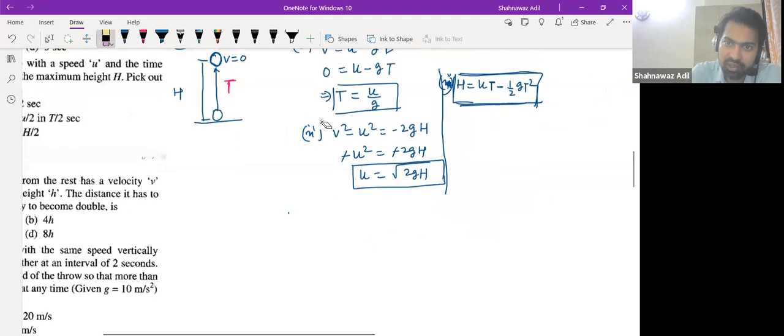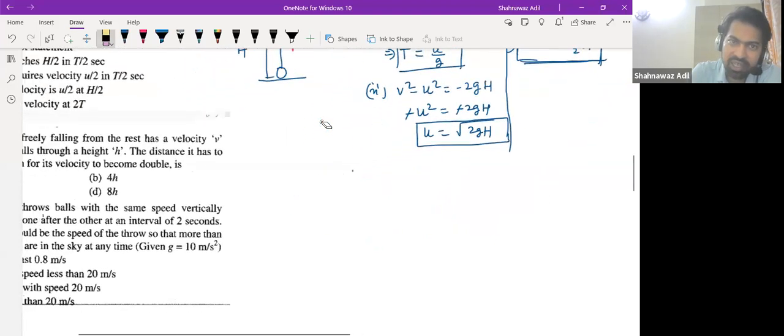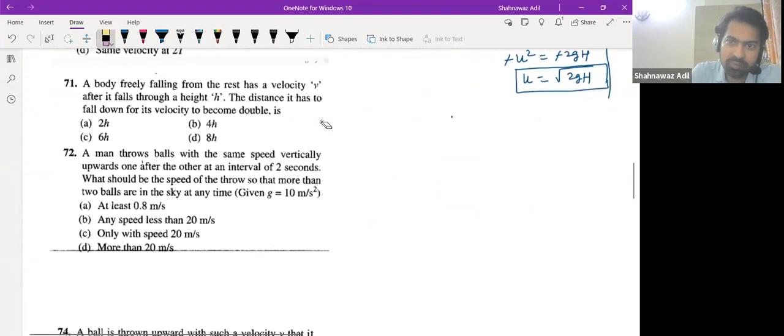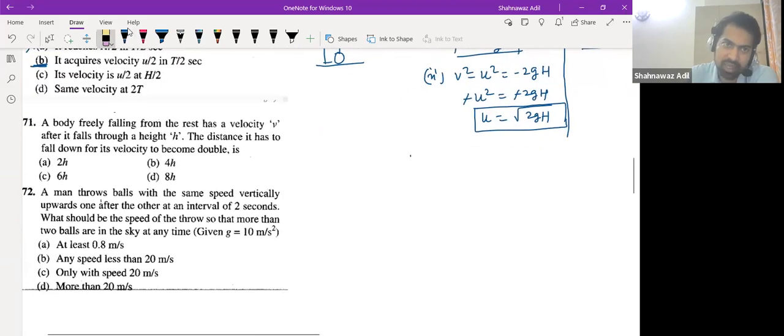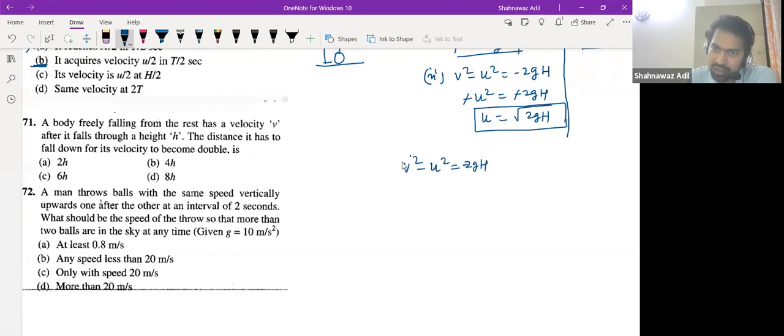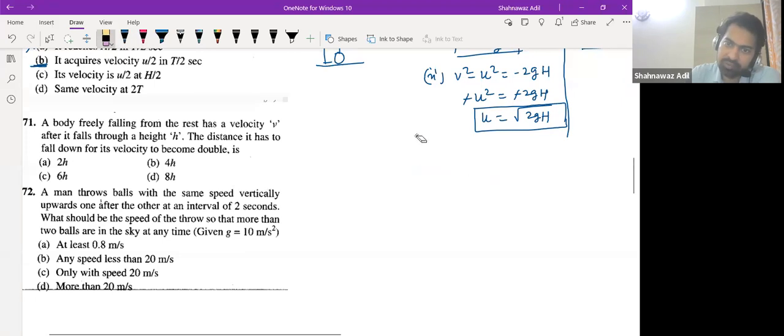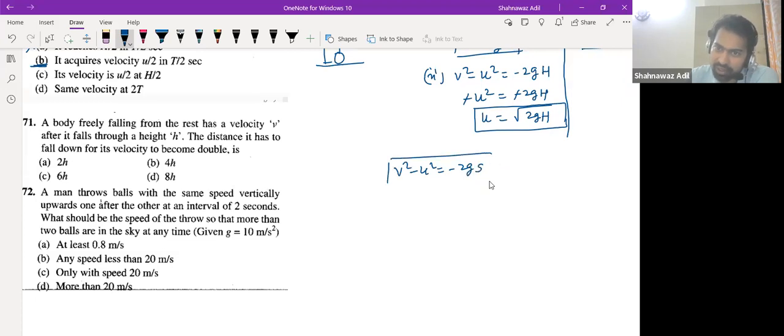So from the second equation, we know the relation between the velocity and the distance, right? We know that v square minus u square is minus 2gs.